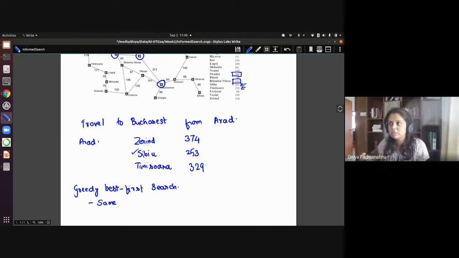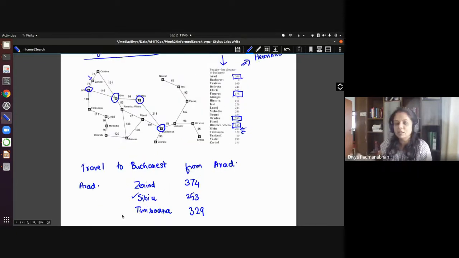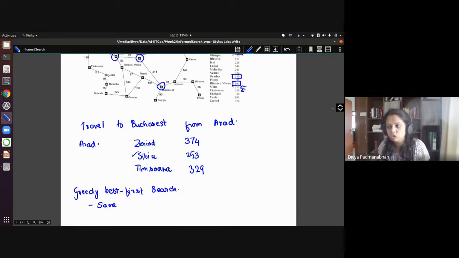These are heuristics after all, so it shouldn't be that you take some path and you don't get to Bucharest. So for that reason you use the same algorithm as UCS, but the heuristic gives you the priorities.